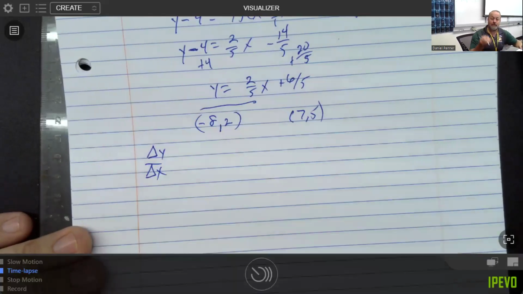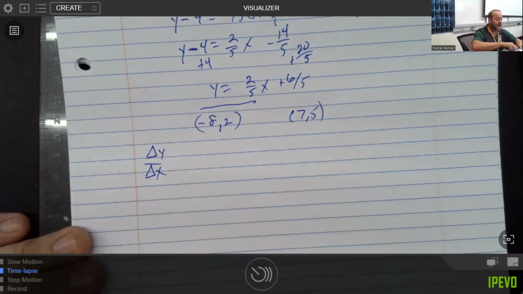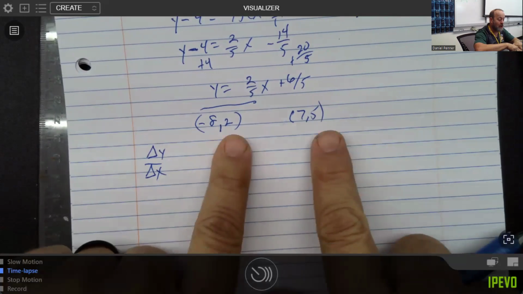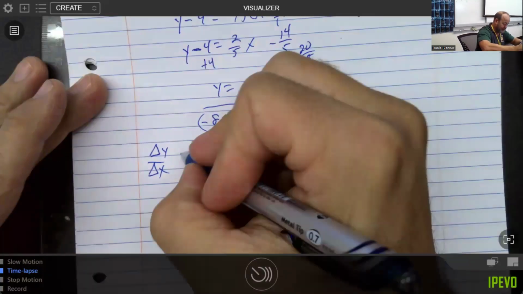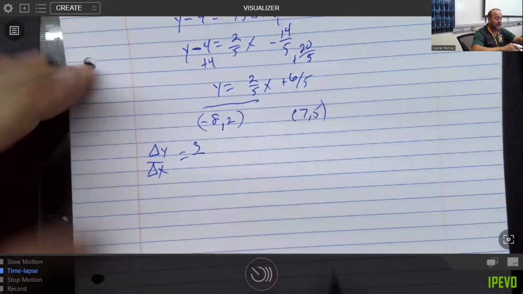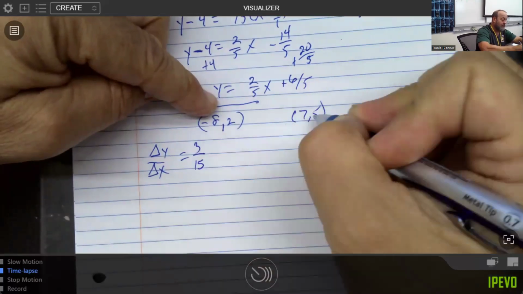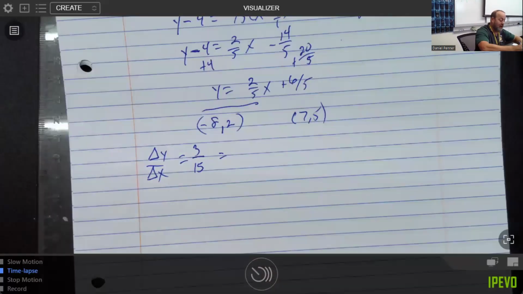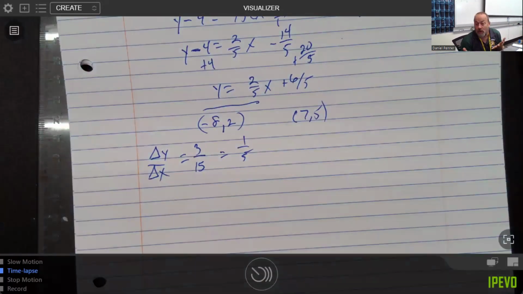And I told you slope is best found through rise over run, or delta y over delta x. So you're going to notice that my y's from 2 to 5 went up by 3. And my x's from -8 to positive 7 went up by 15. So it looks like I've got a nice easy slope of 1/5. So finding the slope was pretty straightforward and simple.